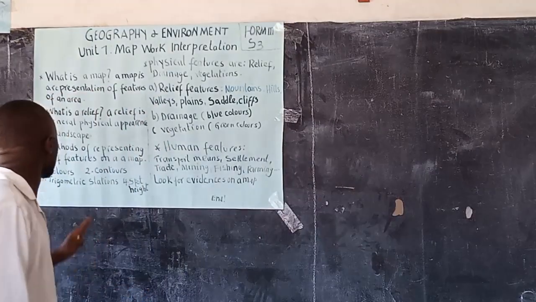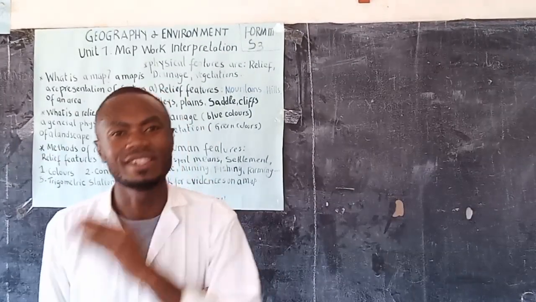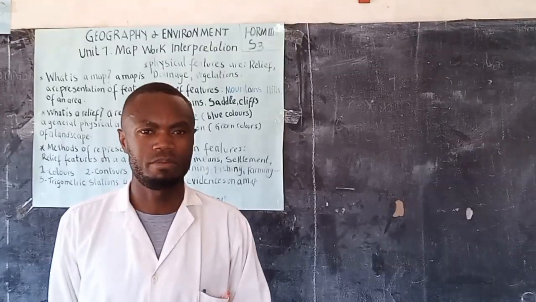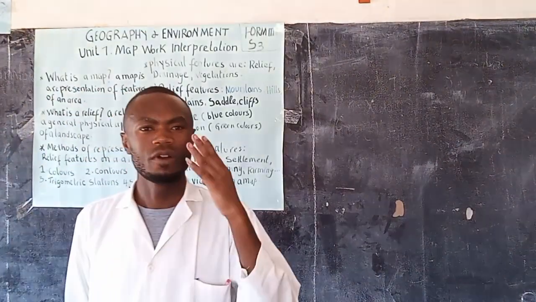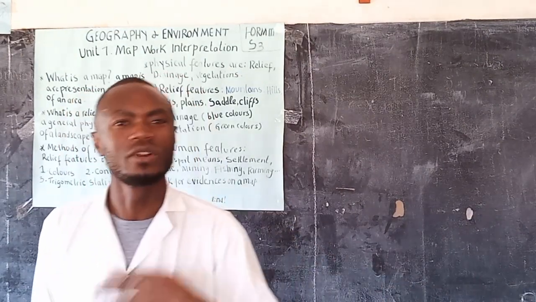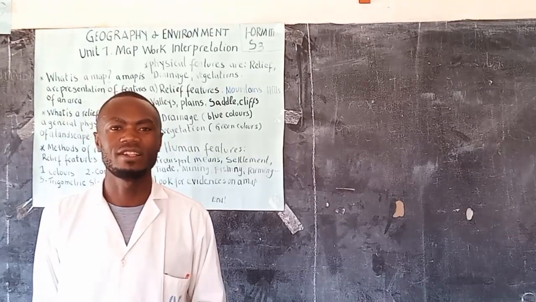Then we have also other methods. How do we represent relief features on a map? How do we show, how do we describe relief features on a map? We see different ways.